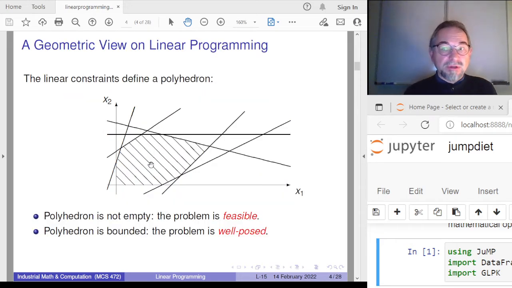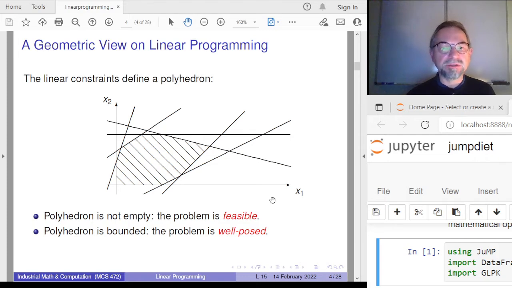Okay, some terminology. So the linear constraints are inequalities, and every inequality cuts the plane in half. So what remains is a polyhedron. So here this is sketched in the plane. We have a bounded polyhedron, and this is an example of a feasible and a well-posed problem.